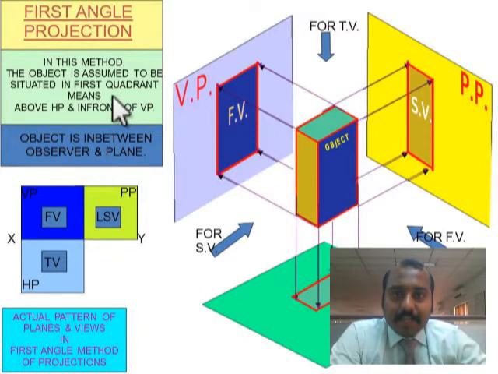Imagine that these 2 lines are replaced by 2 planes. The vertical line is replaced by a plane known as the vertical plane, and the horizontal line is replaced by a plane known as the horizontal plane.